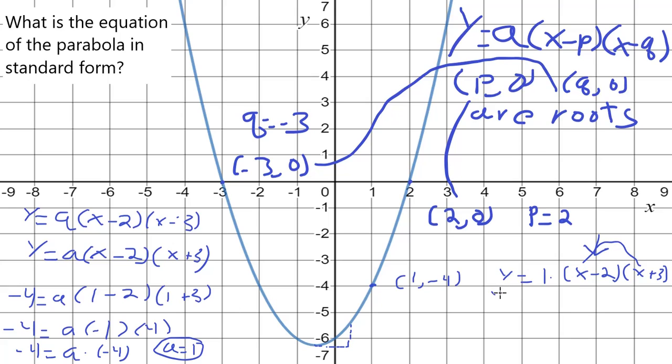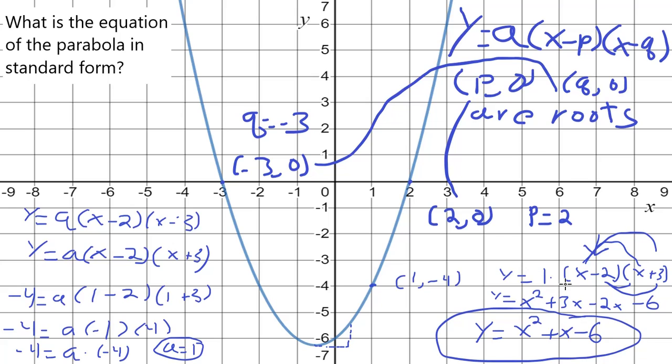So we're going to write y equals x squared plus 3x minus 2x minus 6. And I combined like terms to get y equals x squared plus x minus 6. And that is my equation in standard form. And we are all done.